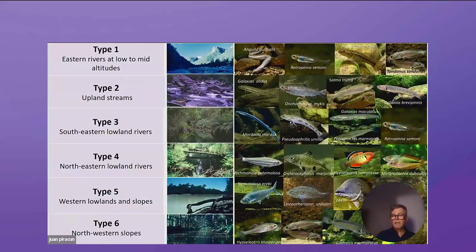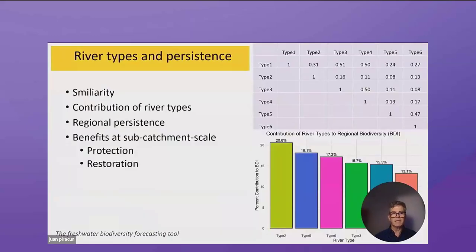And the typology has 6 river types. Here you have a brief descriptor, a photo of an example river, and photos of the species that characterize this type. The species composition of these types overlap with each other, with each pair sharing at least one species.